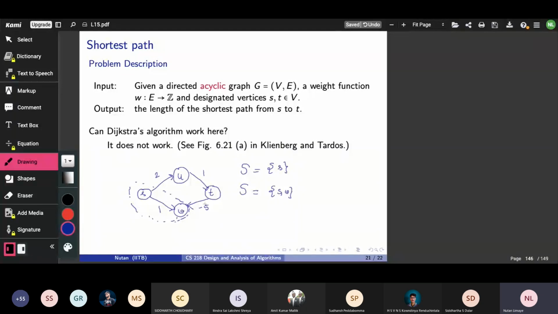However, as soon as I allow for negative weights, this sort of reasoning, which we use implicitly inside the correctness of Dijkstra's algorithm, stops working. Because now, though locally 2 seems to be a worse choice for S to take, globally it is indeed the right one.